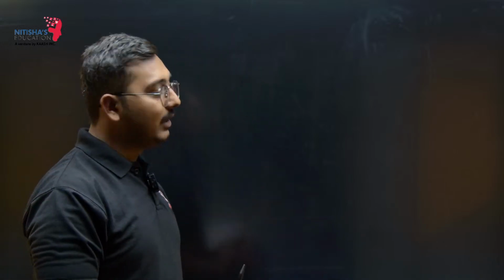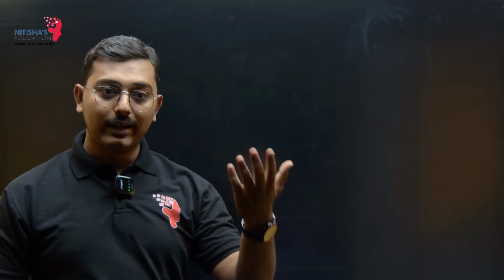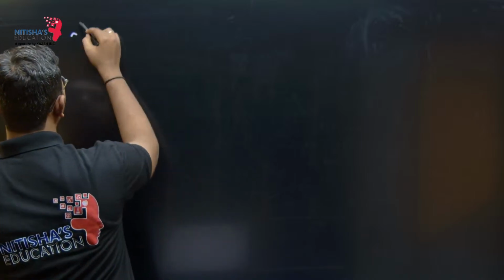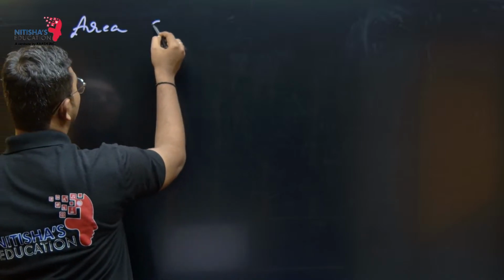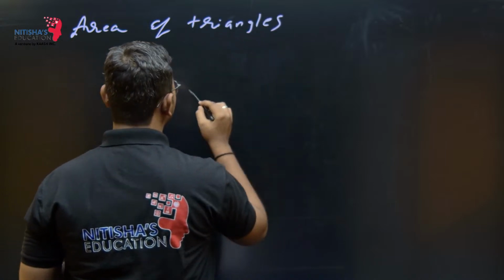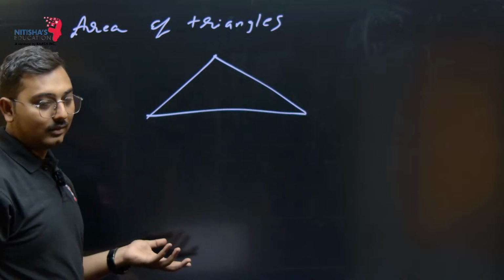Okay. But here the area of the triangle is to be found with the help of coordinates. Now that is somewhat a tricky thing. How will we be able to find the area of the triangle with the help of coordinates? So let us consider the area of a triangle. Let us consider this is a triangle. Okay.